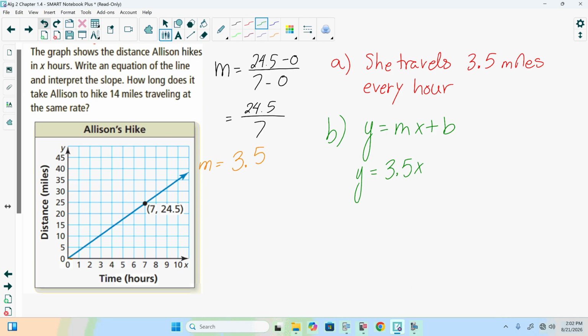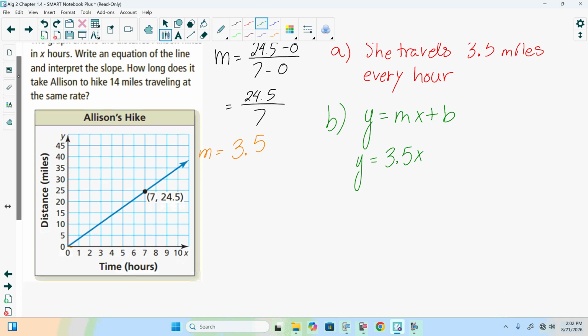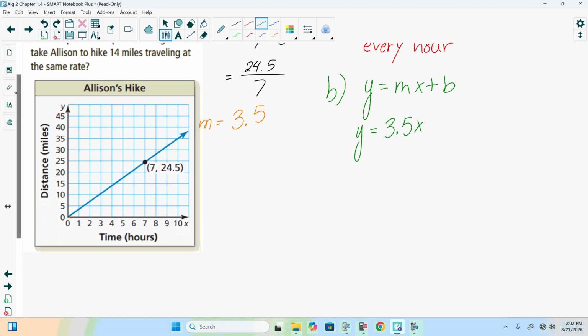Okay. What is the last thing we need to figure out? How long did it take her to walk 14 miles? Does anybody have a guess? So, the 14, is it going in place of x or y?